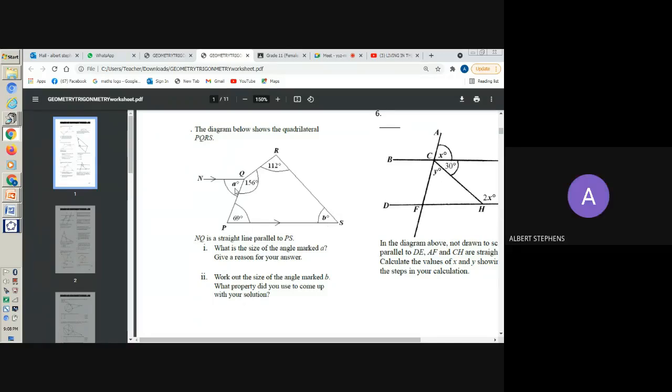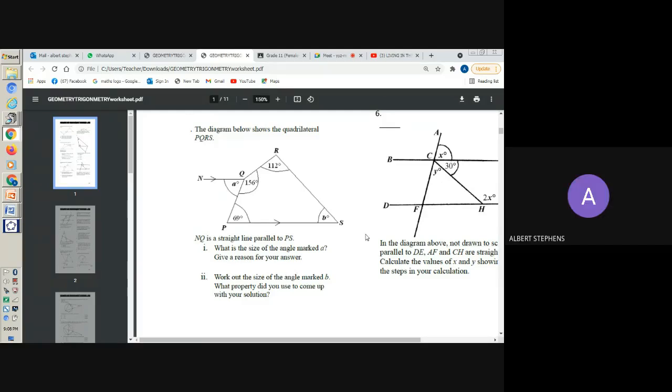You mean for A? Yes, please. A is 69 because you see the Z shape and the two arrows, they're parallel. So when you have a Z shape and two lines are parallel, the interior angles are equal. So if this is 69, then that must be 69. The reason is alternate angles are equal.